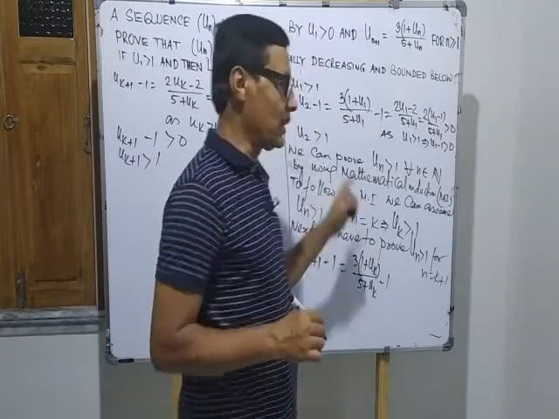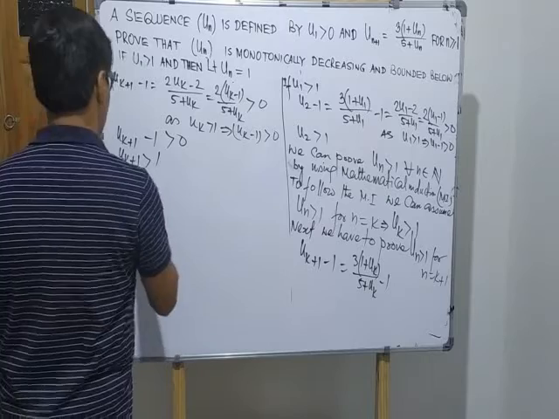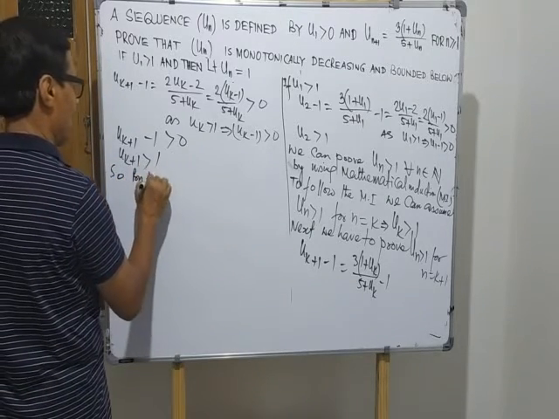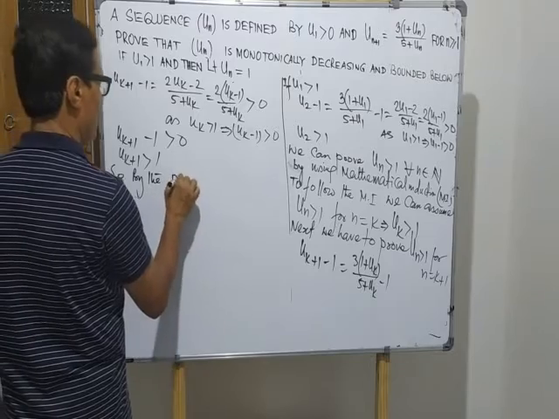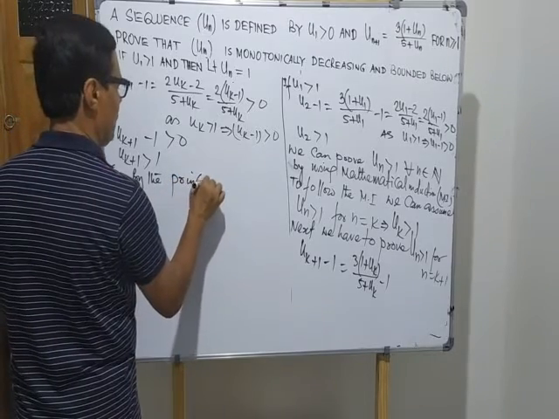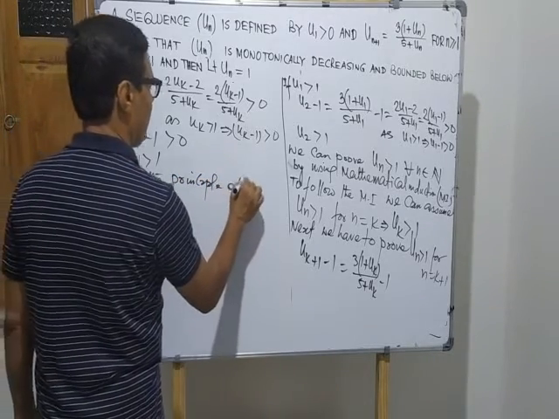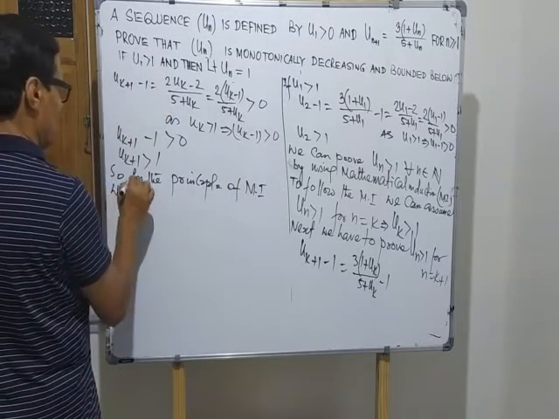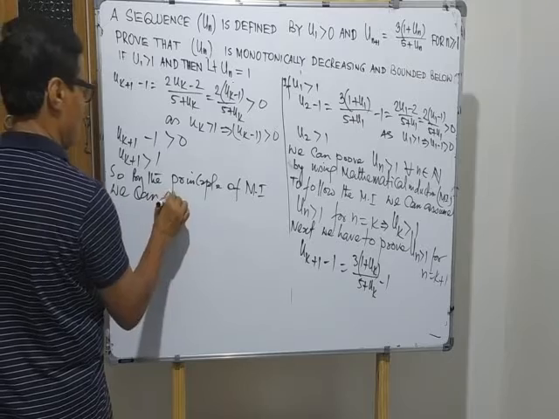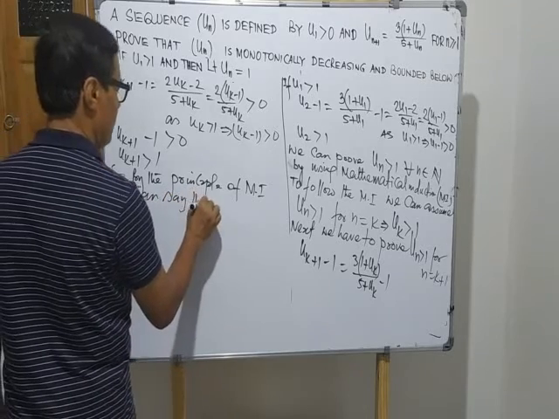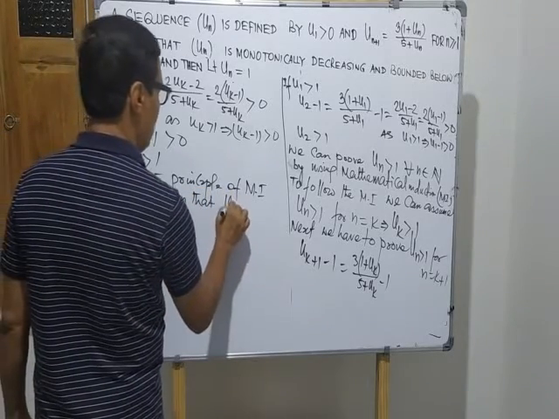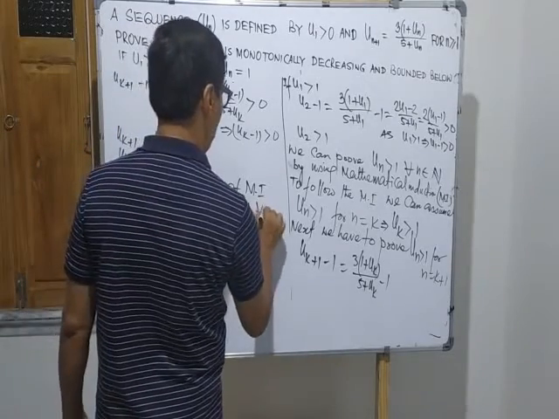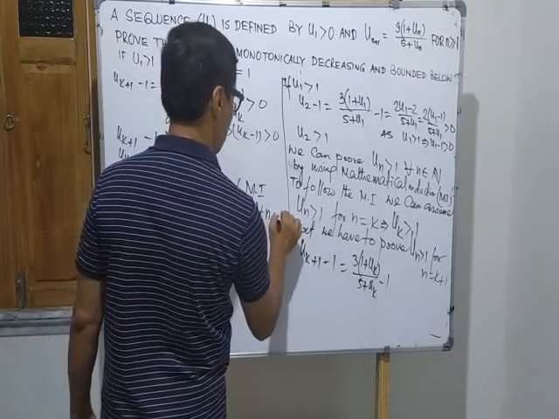By the principle of mathematical induction, we can say that u_n greater than 1 for all n belongs to the set of natural numbers.